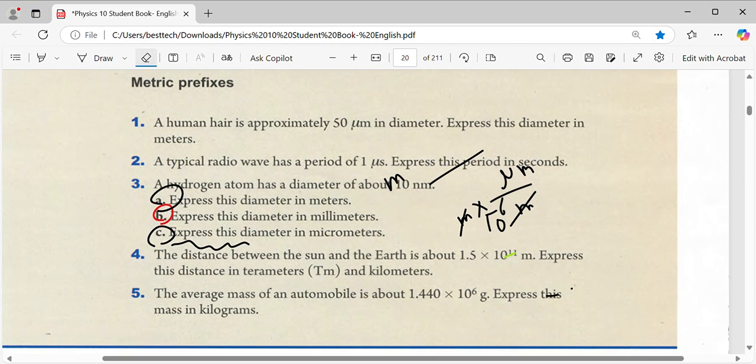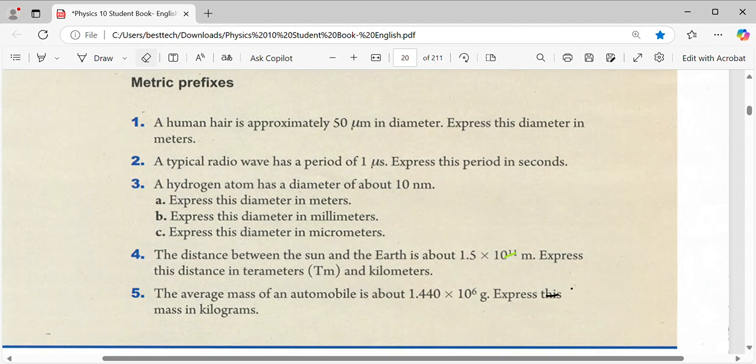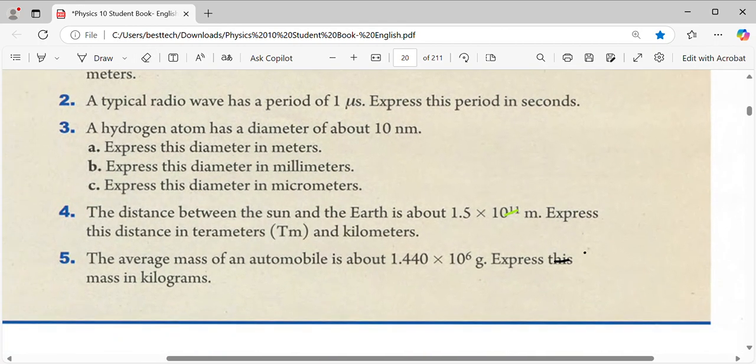Question 4. The distance between the Sun and the Earth is about 1.5 times 10 power 11 meter. Express the distance in tetrameter. So easy, this one.